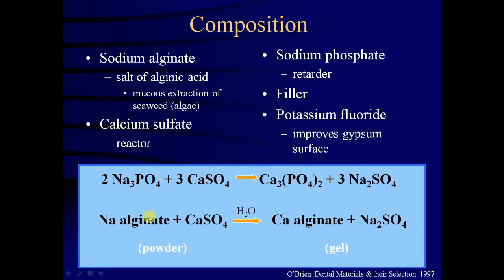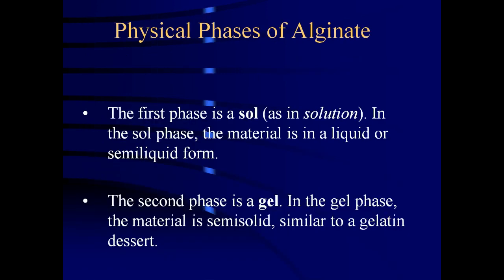It is very important. Please keep this in mind. When you mix the sodium alginate and the calcium sulfate in the presence of water, it leads to calcium alginate and sodium sulfate.